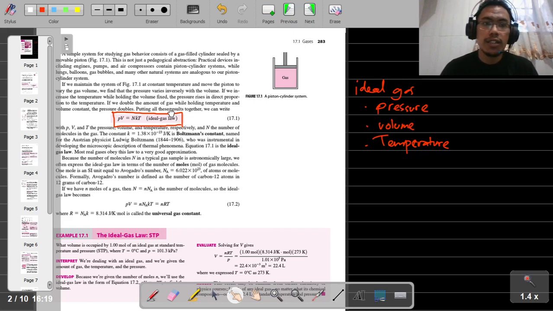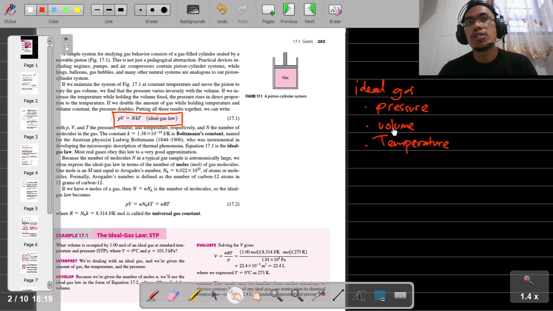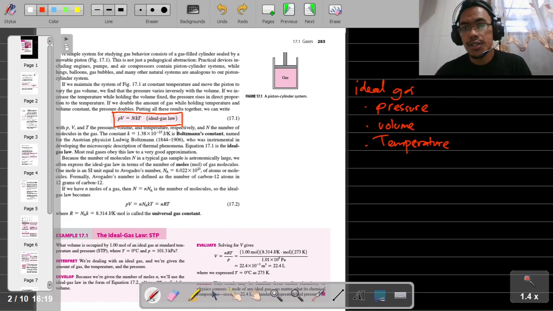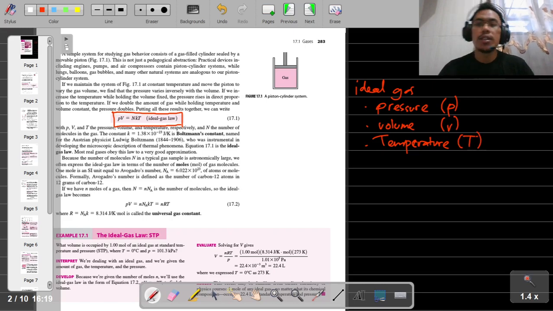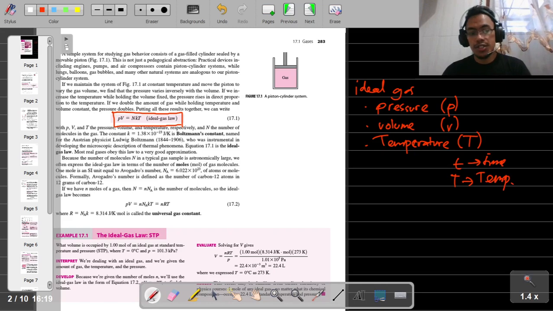So the ideal gas law is very simple, because we only consider three aspects: pressure, which is P, volume, which is V, and temperature, which is T. Big T, not little t, because little t is time. For big T it is temperature.